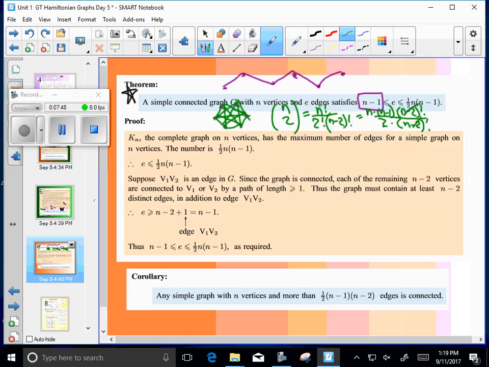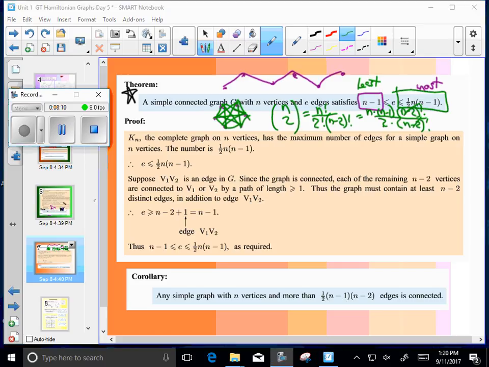That's for the complete graph of those. That's the most. So this is the least, and this is the most. So your edges are somewhere between there. Turn to your neighbor and explain that one right now.